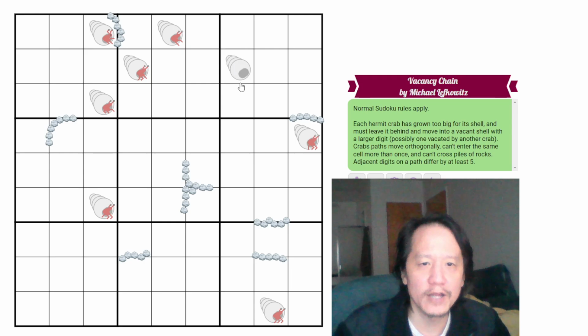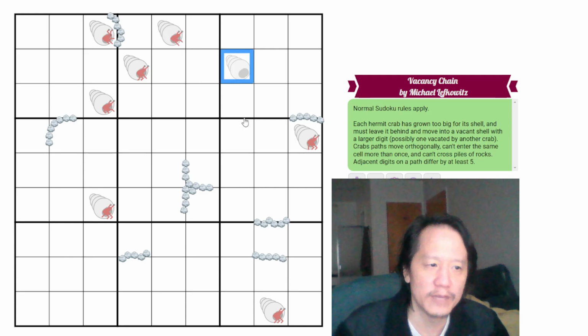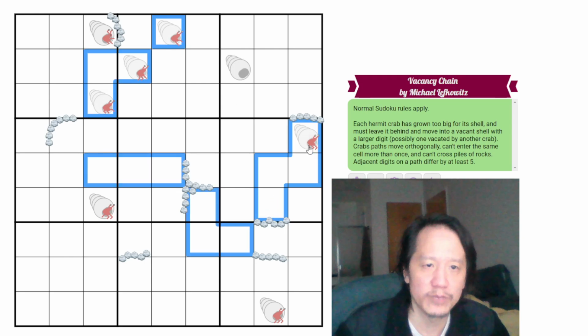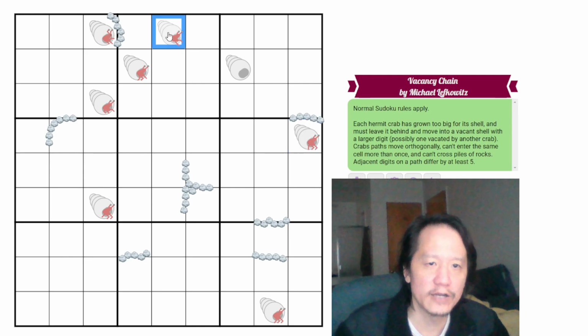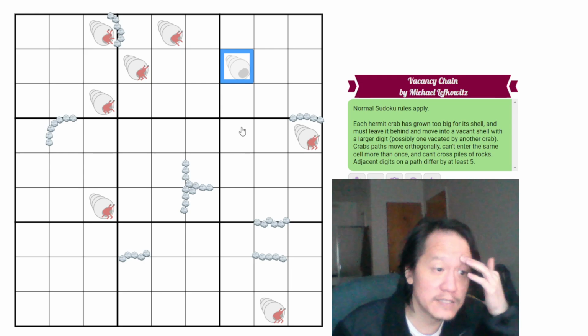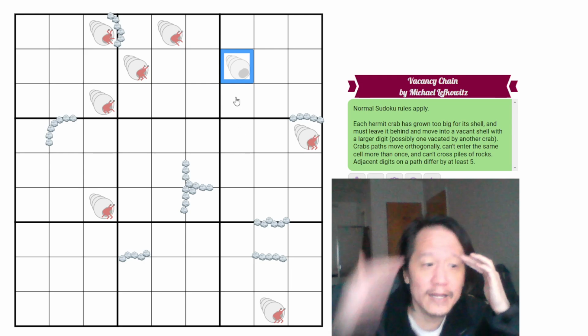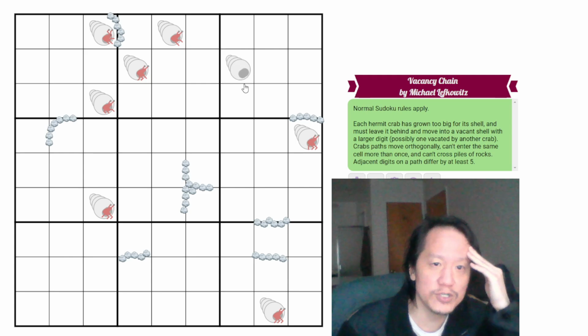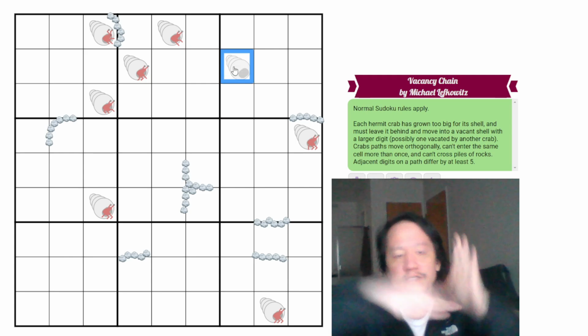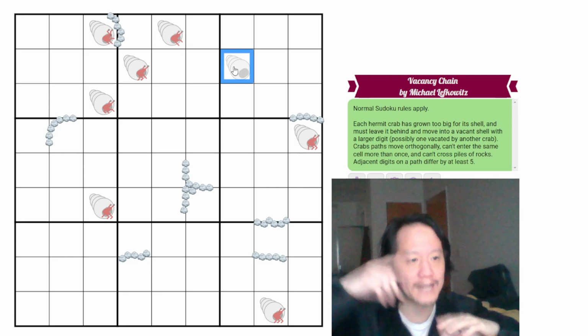The highest one has to essentially go to the empty shell, because it can't go to any of the other occupied shells, and it can't go back to its own. The second highest has to go to the highest shell, because it can't go to the empty shell anymore, and it doesn't have any other cell to go to, so it has to go to the next highest.